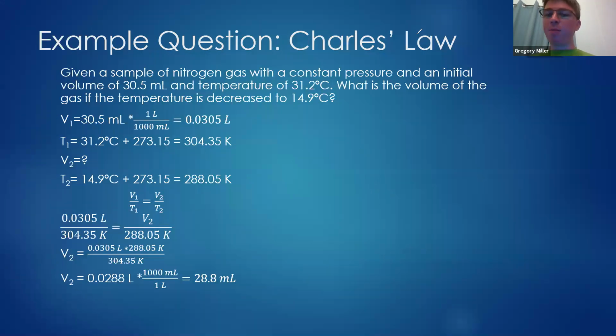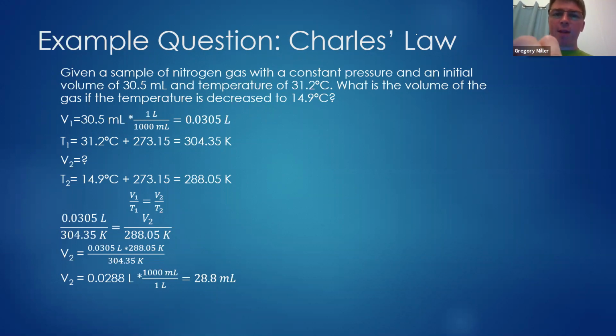But we can do the same thing with Charles' law. We're given a volume and a temperature. We're asked to find a volume and given a new temperature. So if we remember Charles' law, V1 over T1 equals V2 over T2, we plug everything in and solve. And what I did here is I converted everything to liters and Kelvin, like I would if I was doing the ideal gas law, and then converted it back out at the end to milliliters.